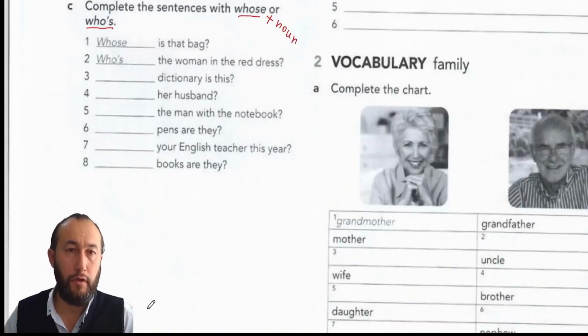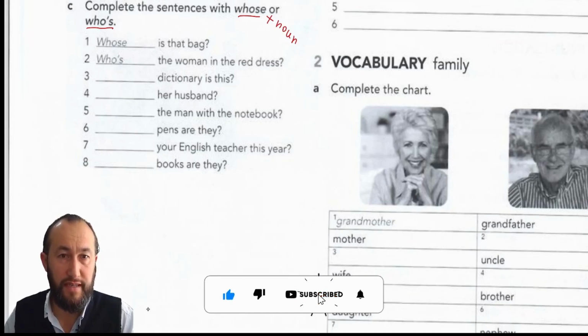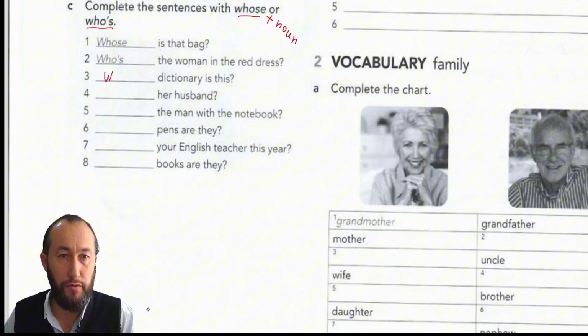Now, whose is that bag? Who's the woman in the red dress? Now the question is, dictionary is this. Whose dictionary is this? It's my dictionary, it's his dictionary, and so on. Her husband.